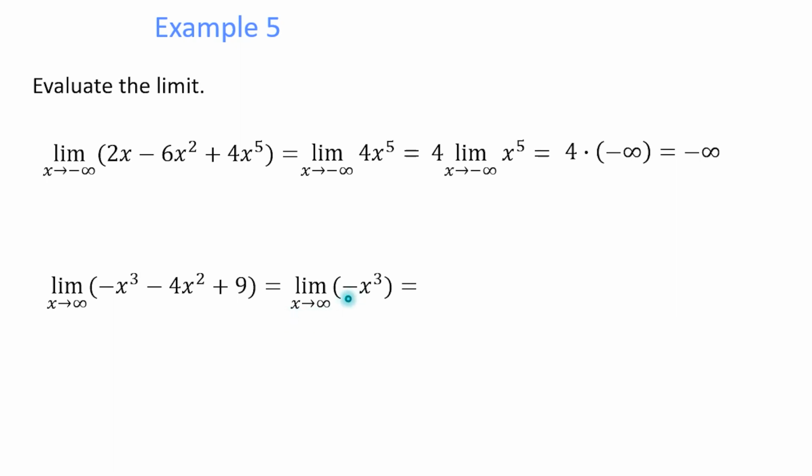Now we can again use the scalar multiple property, because a negative sign is like a -1 multiplier. So we can say that minus the limit of x to the power of 3 as x approaches infinity. As x approaches infinity, all power functions will have a limit of infinity. Keeping this negative sign at the front, we will get negative infinity.